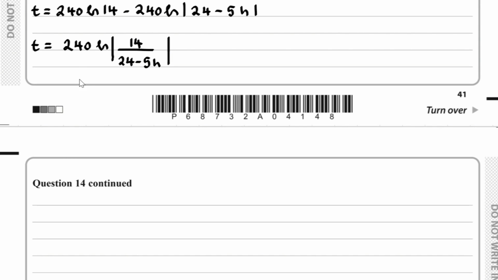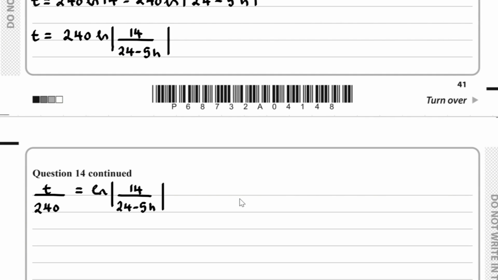So if we divide through by 240, we've got t over 240 equals the natural log of the mod of 14 over 24 minus 5h.